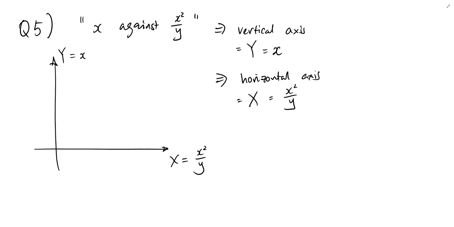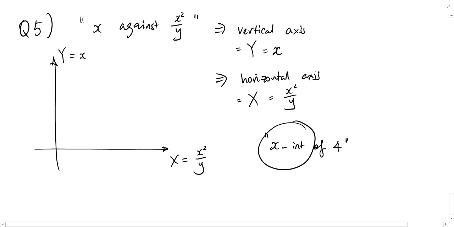And they say that it has an x-intercept of 4. In the question, x-intercept of 4. Tell me, does this x-intercept refer to the vertical or horizontal axis intercept?